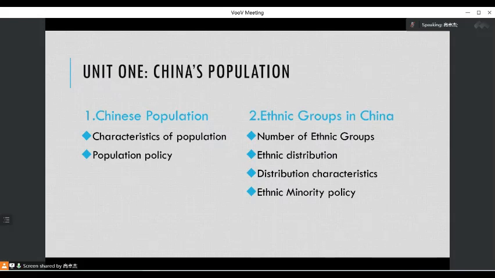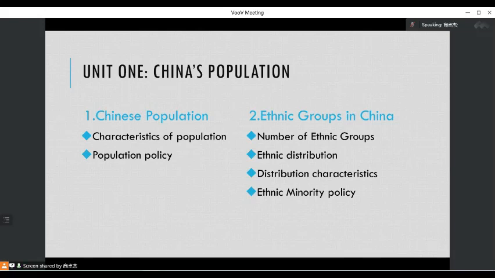In Chinese, ethnic minorities are called 少数民族. They have few people. This is nationalities. 少数民族.